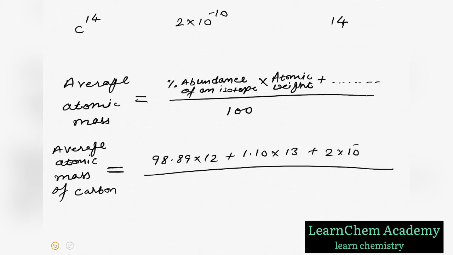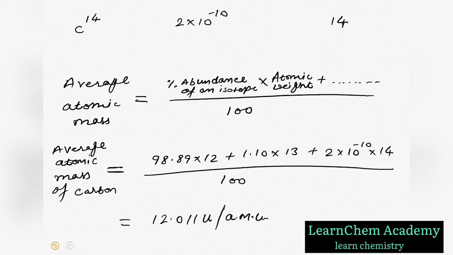power minus 10, and its atomic weight is 14, and all values are divided by 100. So by doing the calculation we will get 12.011 U, or we can say AMU.